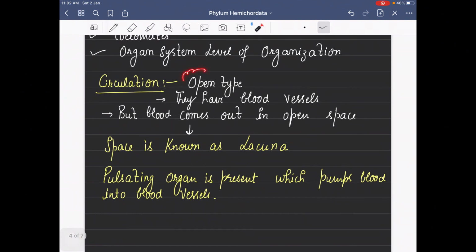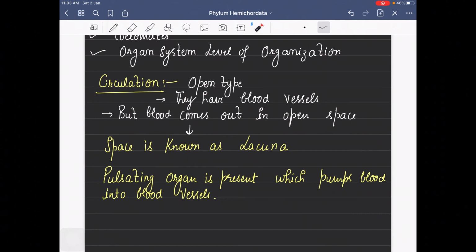Circulation is open type. Open type doesn't mean that they do not have blood vessels. They have blood vessels, but the blood does not flow throughout in the blood vessels.